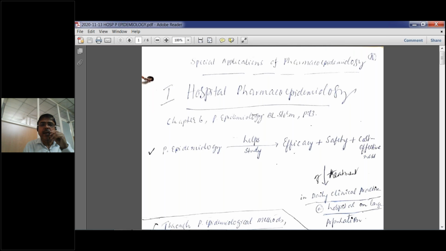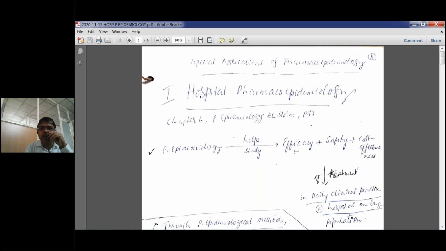In this case, pharmacoepidemiology helps to assess the effect, that is the efficacy as well as safety. Since the hospital is a controlled environment, it allows you to study the efficacy and safety of the medicines, including cost effectiveness of the treatment.